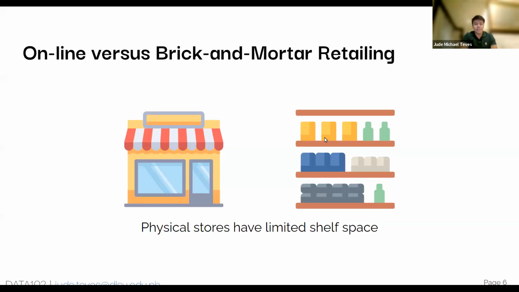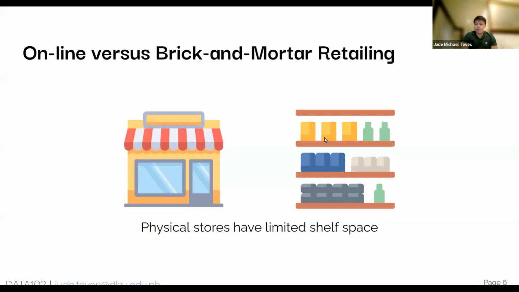Okay, before we proceed, let's also discuss the difference of online versus brick and mortar retailing. In brick and mortar retailing, it's usually about physical stores, and physical stores have limited shelf space, unlike online.